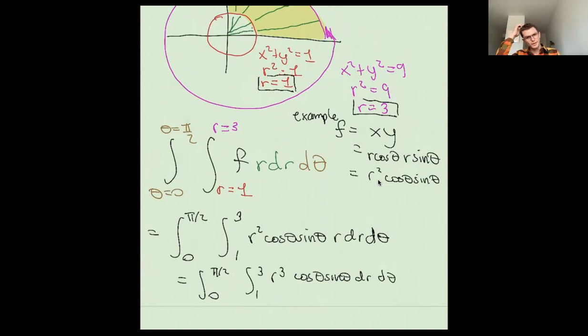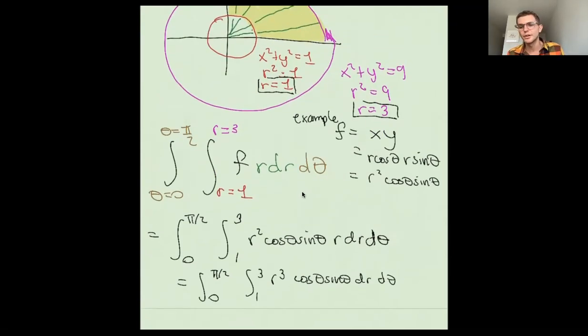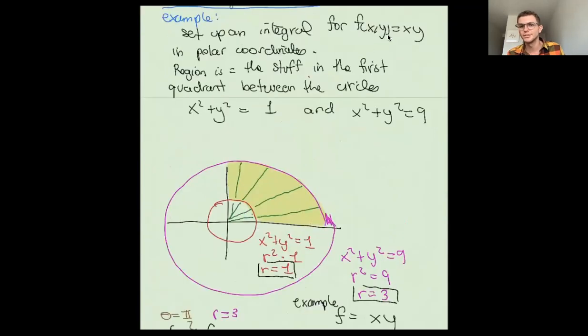Pastor? Yes. Where did you get the r squared cosine and sine theta? It's just that we're trying to integrate a particular function so that we get a number. So for this example, I told you, let's use this function, x times y, right? Just as an example.